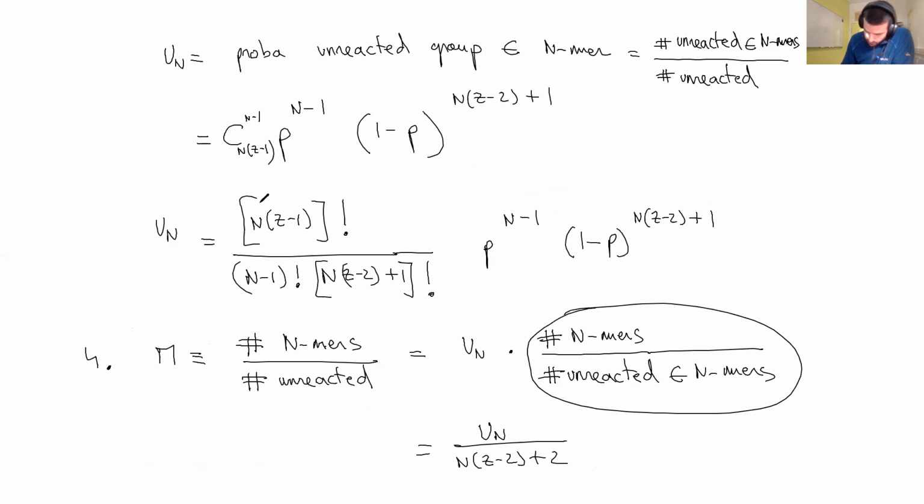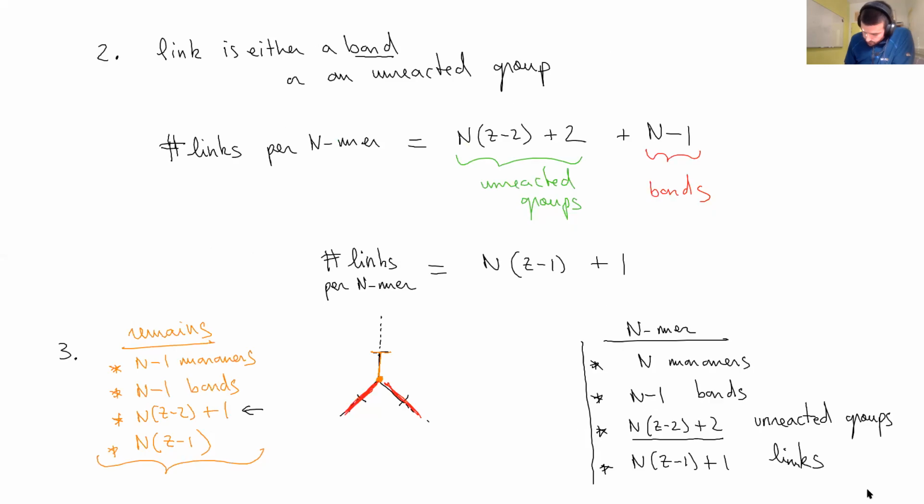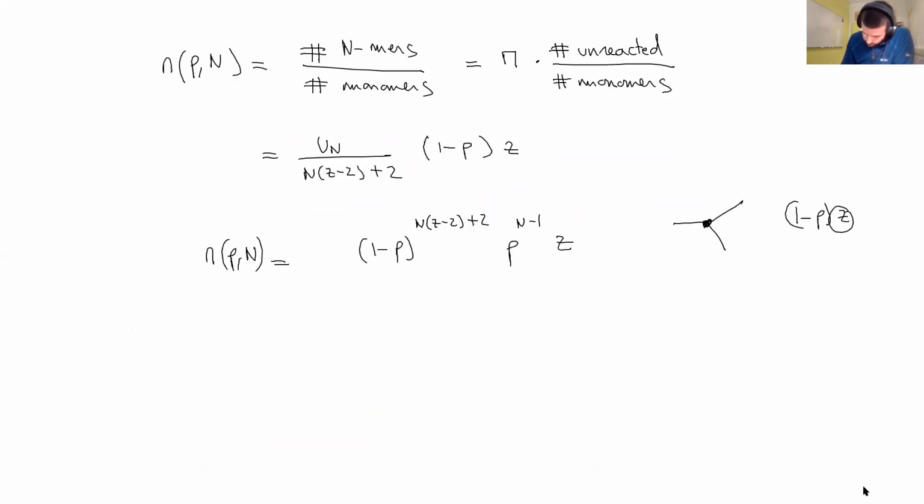P^(n-1). And then we have the combinatorics. So nz minus 1 factorial. And then be careful, there is this nz minus 2 plus 2.